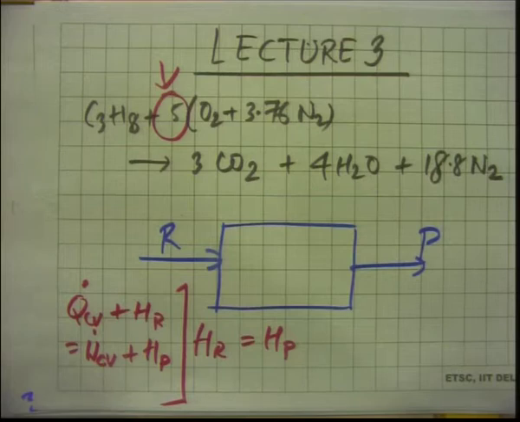No, it's an open system because reactants are coming in and products are going out. We are taking this to be a steady state, steady flow situation with reaction taking place, and while solving problems we also assume that the pressure is constant.